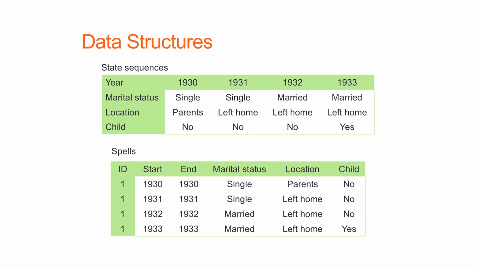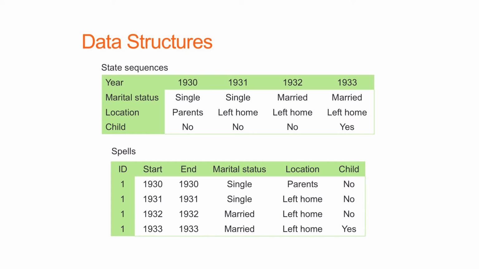If we're considering multiple channels, we would say that marital status, location, and having a child or children would be 3 channels, and this would be a multi-channel sequence. And the data structure could have either marital status for everyone, or have these 3 rows like this that would be somehow combined.